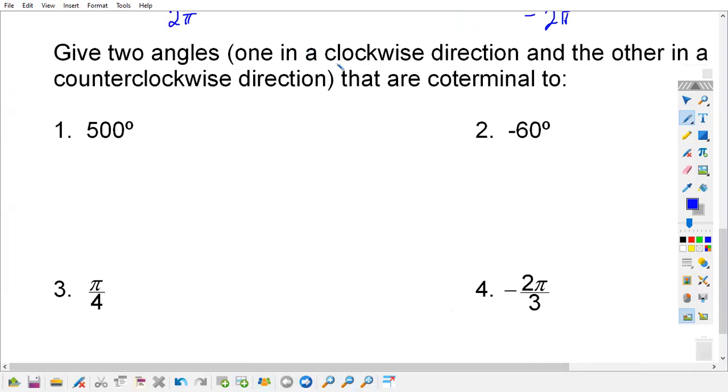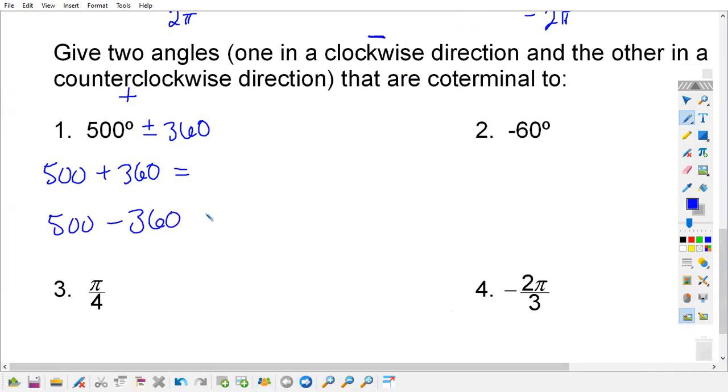Given two angles, we're going to find one clockwise. If I'm going to go clockwise, what am I doing? I'm going to be subtracting, right? And then I'm going to find one counterclockwise, which means I'm doing what? Adding. Agree? So 500 degrees plus or minus 360. We're going to do 500 plus 360, and we're going to do 500 minus 360.